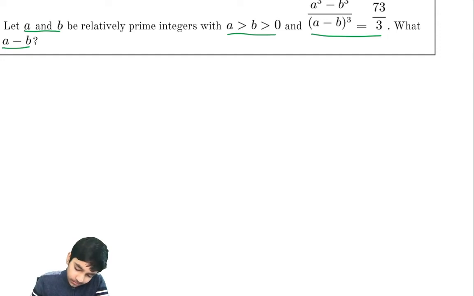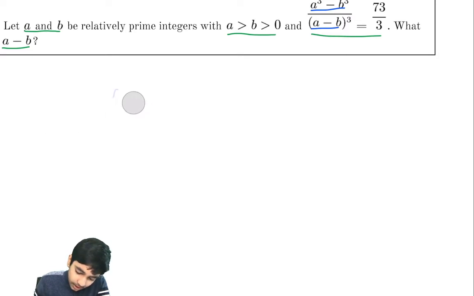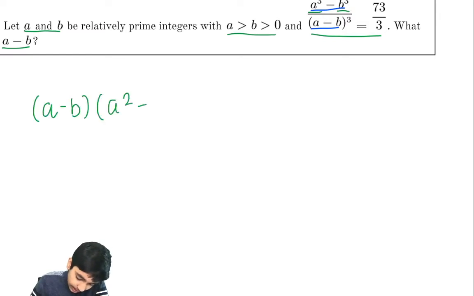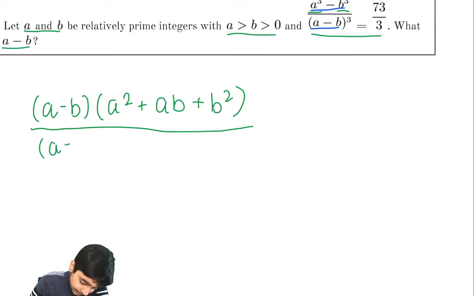Well, we see a minus b and some a minus b terms, so let's try to factor that out and see what that gives us. We can see that it's a cubed minus b cubed, and by difference of cubes, that's just equal to a minus b times a squared plus ab plus b squared, divided by a minus b times a minus b squared, because I'm just expanding this.